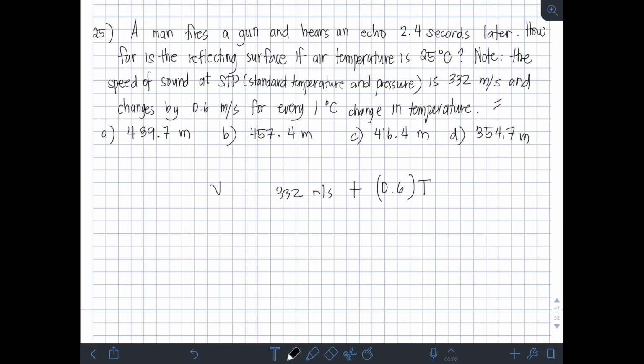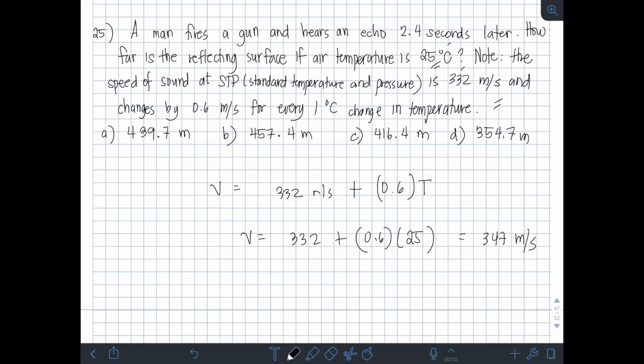Ito yung magiging velocity nung ating sound, right? Dahil yung given temperature natin is 25 degrees Celsius, magiging final velocity ng ating sound is 332 plus 0.6 times 25 degrees Celsius. Using calculator, it is equal to 347 meter per second. Okay?